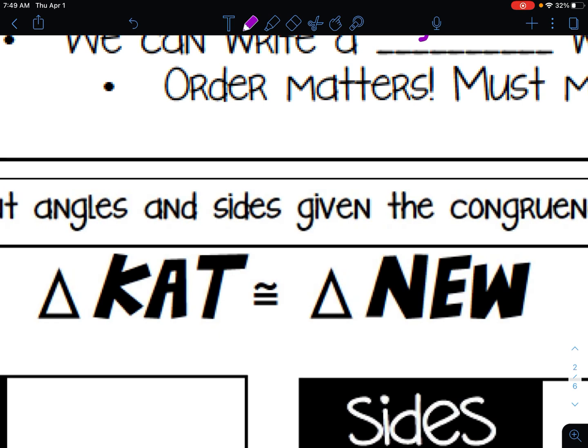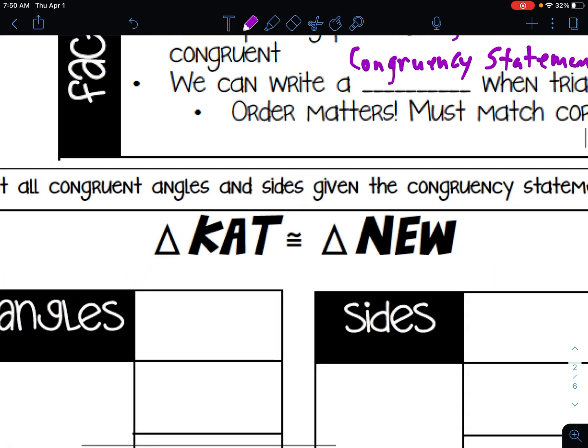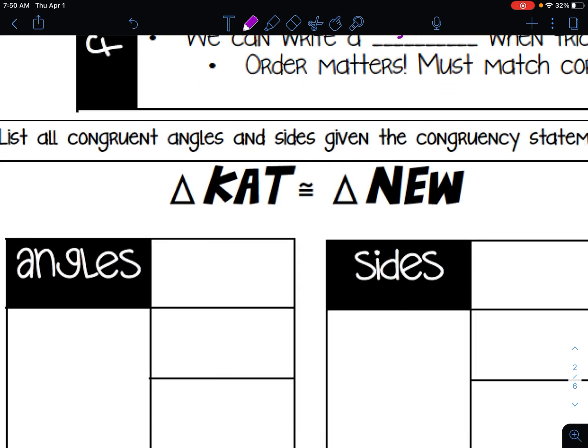This is saying triangle KAT is congruent to triangle NEW. So based off of that statement, I know those two triangles are the same. Based off of that congruency statement, I know what angles correspond with what angles and what sides correspond with what sides.